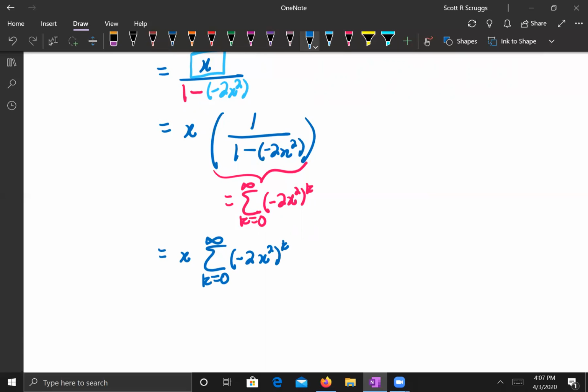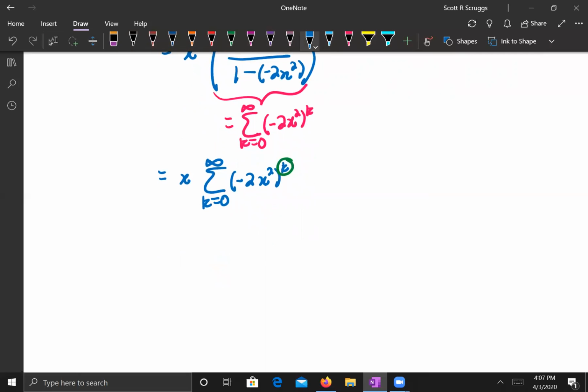Let's go ahead and try to simplify our power series first. I have a couple things being multiplied, and it's all being raised to the same power k. So I'm going to use my property of power series that tells me the product of a couple of numbers raised to the same power is the exact same as raising each of those terms to the kth power and then multiplying them.